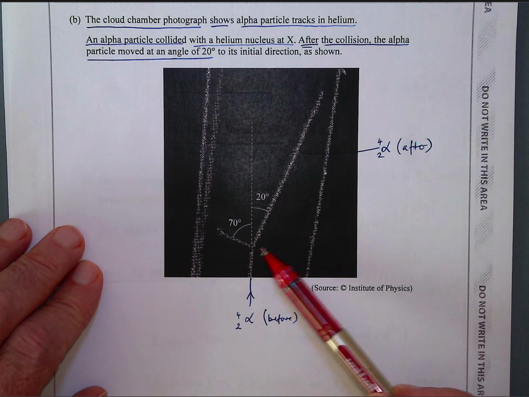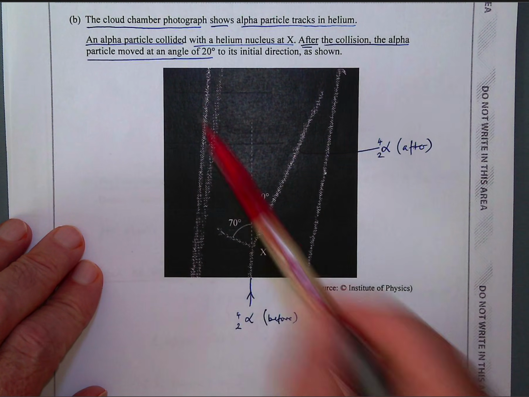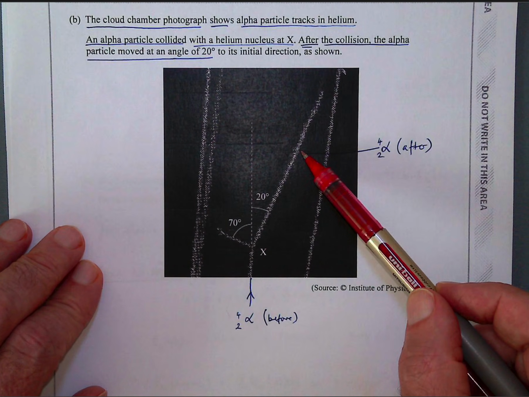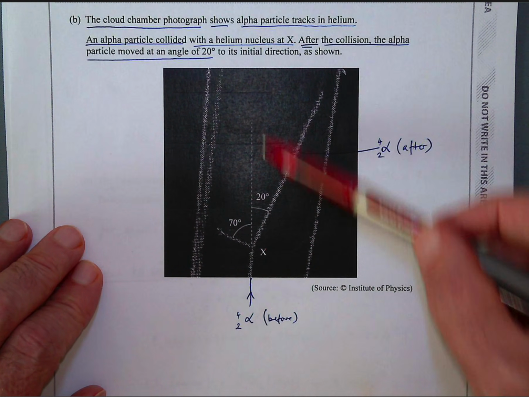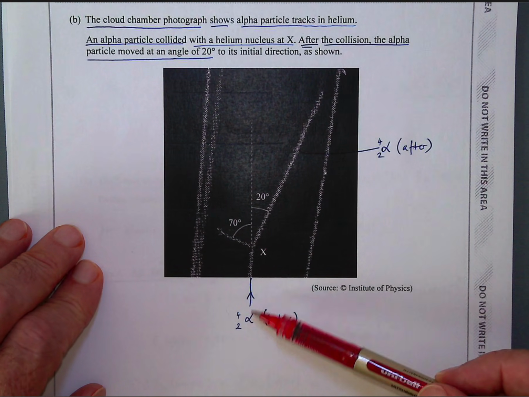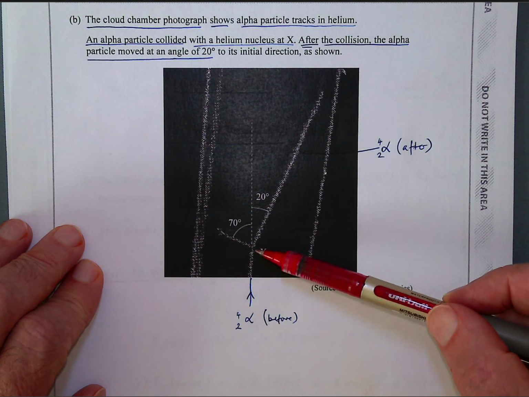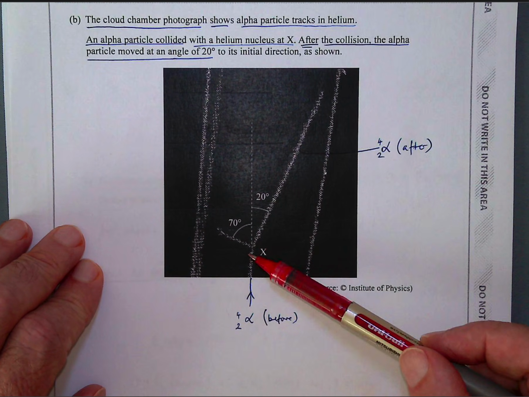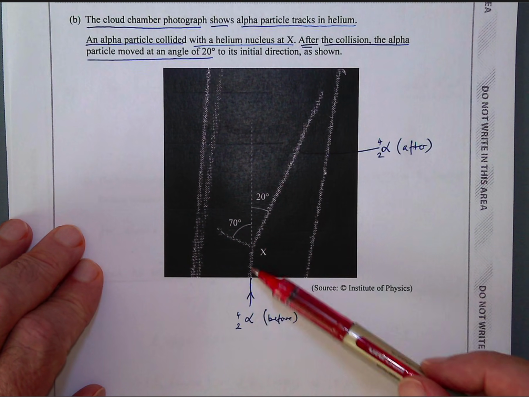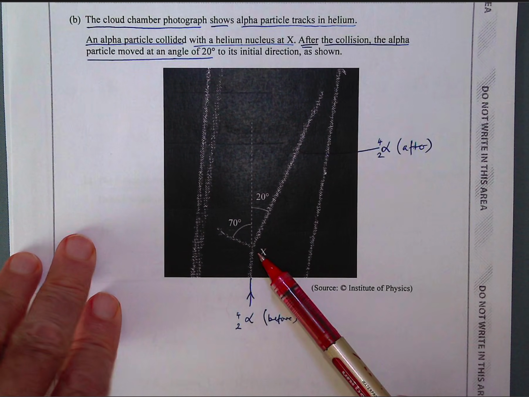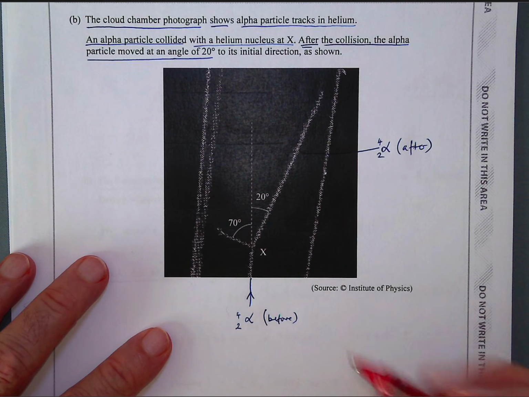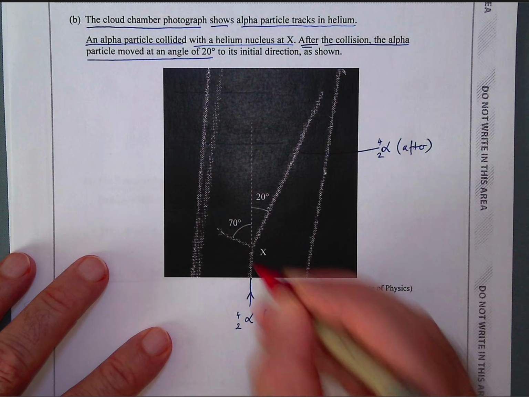After the collision, the alpha particle moves off at an angle of 20 degrees to the initial direction. So the initial direction is there. It looks pretty much vertical, this dotted line. So the alpha particle comes in vertically and then gets deflected to the right, and therefore something else gets deflected to the x, so that must be the helium atom that was stationary. We're assuming the helium atom was stationary to start with at x.